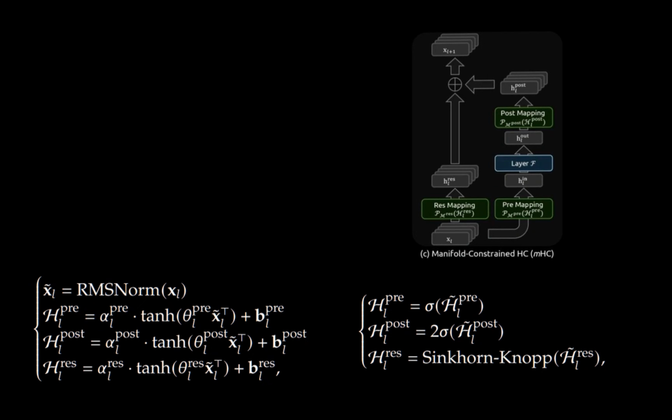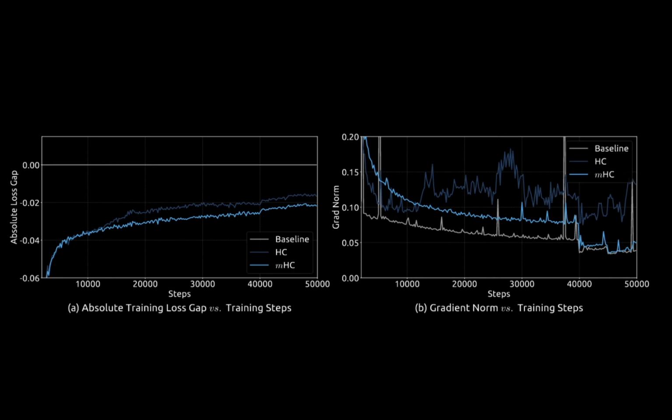Now we can go to the results. So firstly, they calculate the absolute loss gap. Here the baseline is a vanilla transformer with residual connections. And as you can see, mHC performed the best.